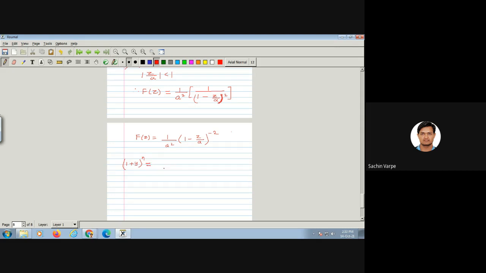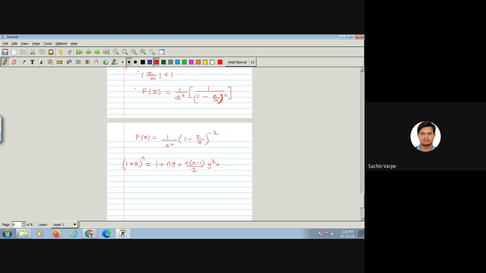Using binomial formula, that will be nC0, that is 1, plus nC1, that is n, y raised to 1 (here y is raised to 0 for the first term), plus n into n minus 1, that is nC2 upon 2 factorial y square, plus n into n minus 1 into n minus 2 upon 3 factorial y cube, and so on.